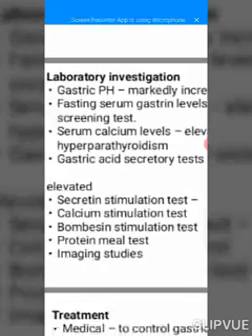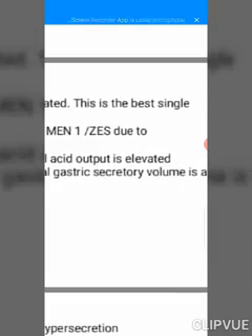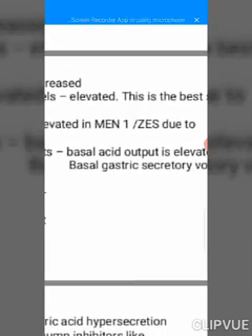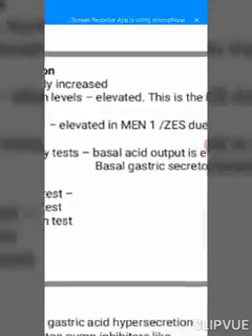Then when they carry out the gastric acid secretion test, we find that the basal acid output is elevated. Why? Because gastrin is elevated. If fasting serum gastrin is elevated, you expect the basal acid output to also be elevated.